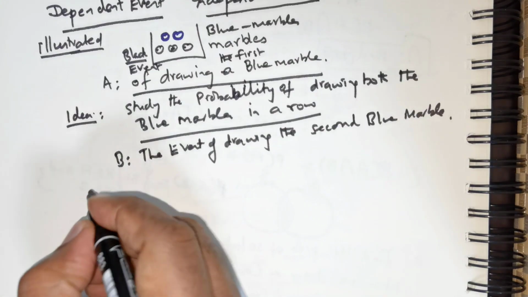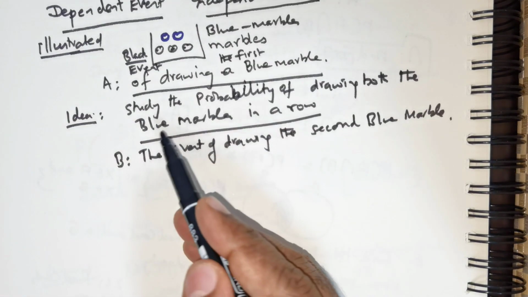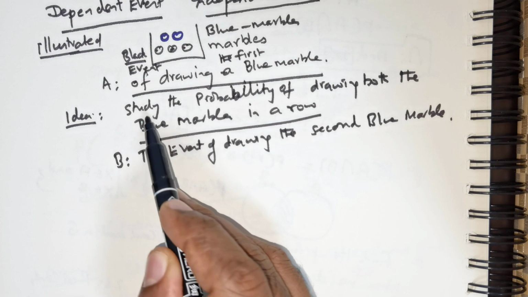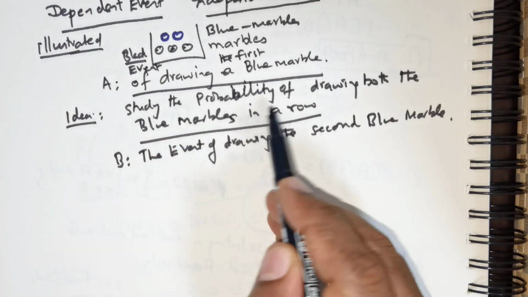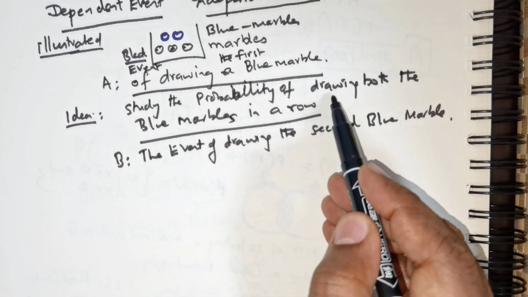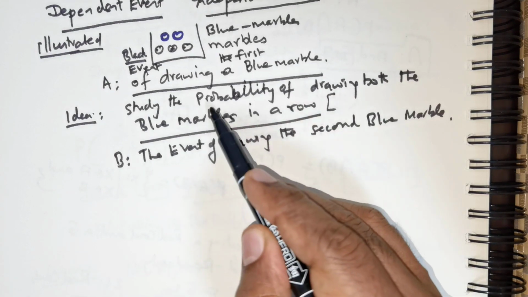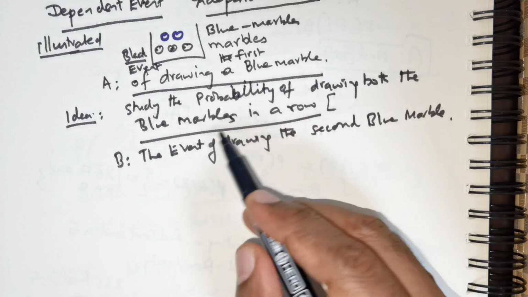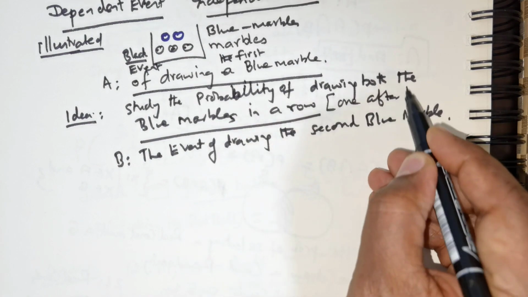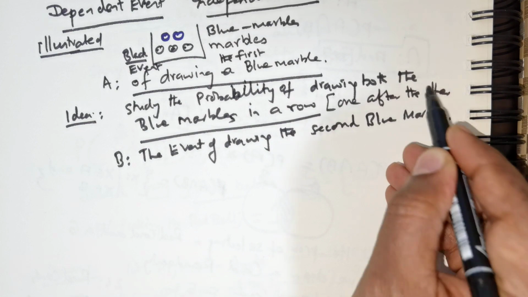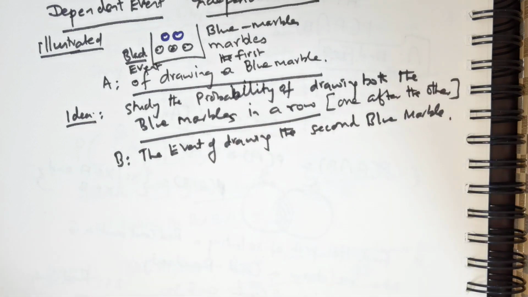We are interested in getting the probability of drawing both the blue marbles, but we will do it consecutively, one after the other. When I say in a row, it means one after the other. So that is how we are going to be drawing.